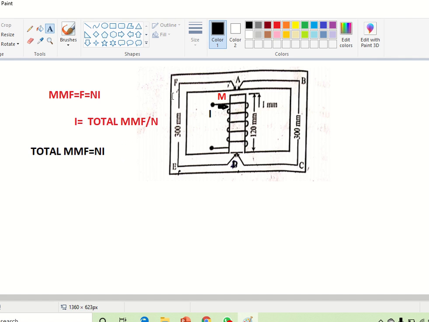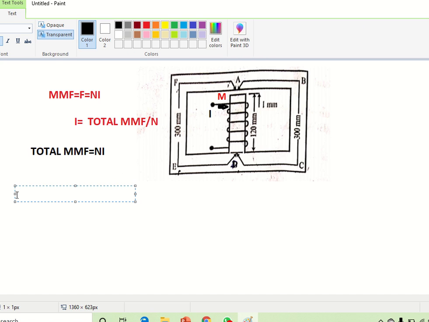And apply KVL in this loop. How will you find total MMF in a circuit applying KVL? Either you have to take the path A, F, E, D, A, or take the MMF in the path A, B, C, D, A. Any of the two paths you can take for applying the KVL.